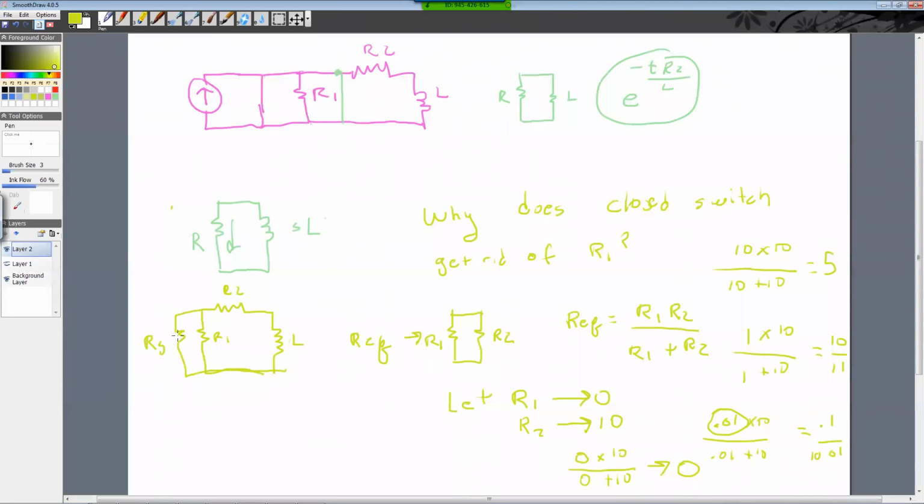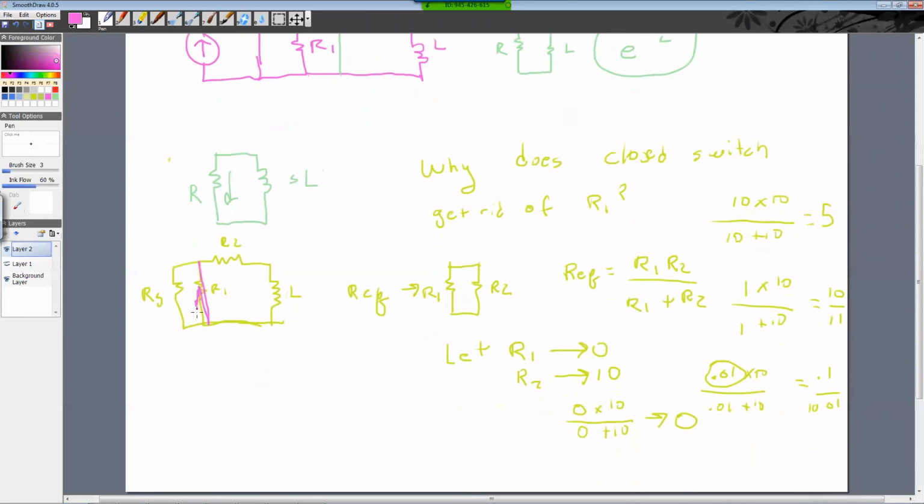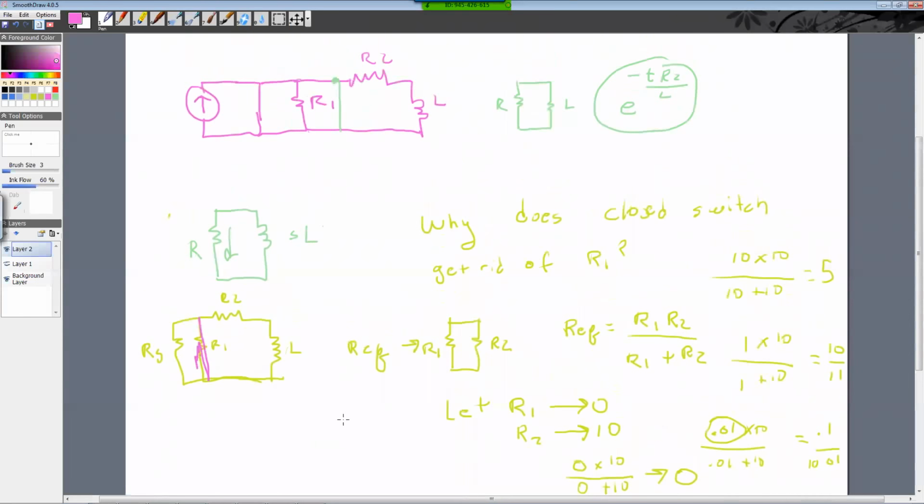So this is getting smaller and smaller and smaller till eventually all the current flows through here and the equivalent resistance is 0, which really means, oh, you've just shorted it. I see. Okay.